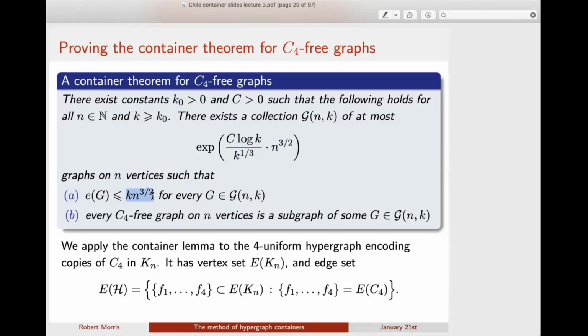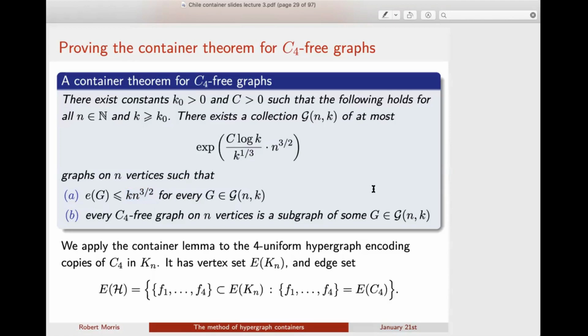And as we iterate, as our containers get smaller, our tau is potentially going to change. And so our number of containers that we produce in each step is going to change. So we need to know that at the point when we have, say, k times n to the 3/2 edges left in our container, the hypergraph we're working on is the induced subhypergraph on that graph.